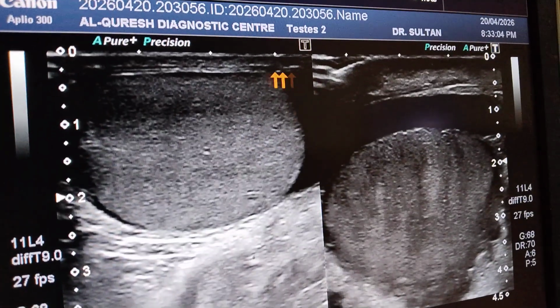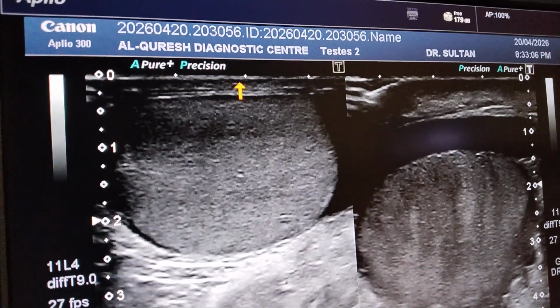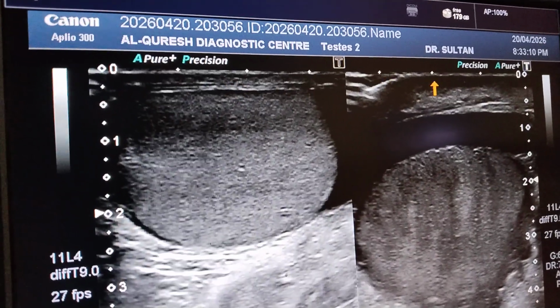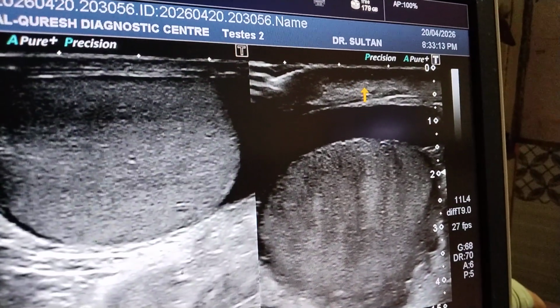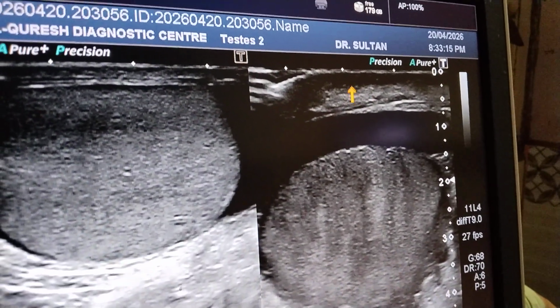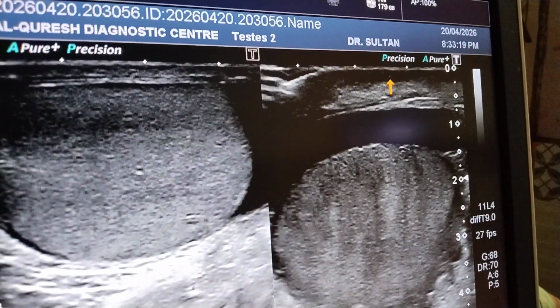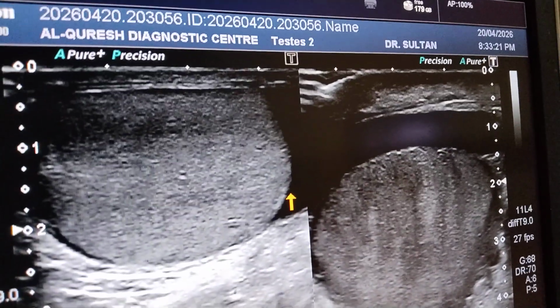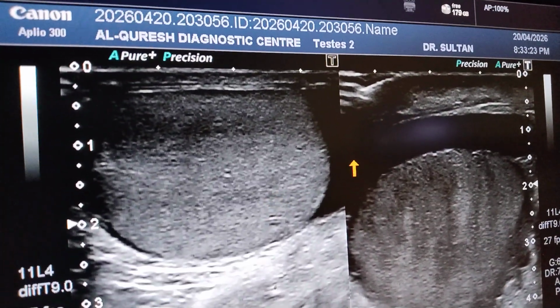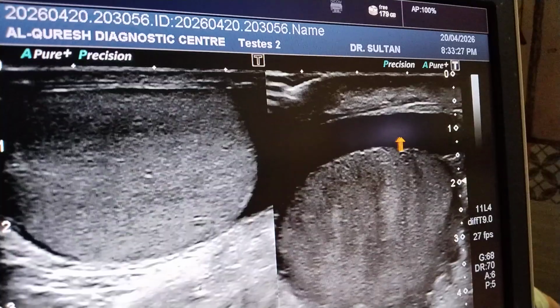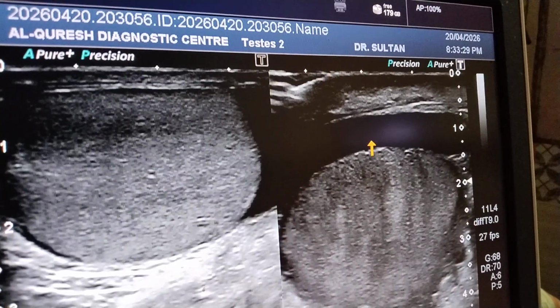And here we can appreciate the thickening of the skin on the right testes and thickening of the skin on the left testes. So this is the scrotal thickening. Scrotal thickening on the left side is increased, and also when we observe the scrotal sac, we can appreciate the fluid, hydrocele, within the left scrotal sac.